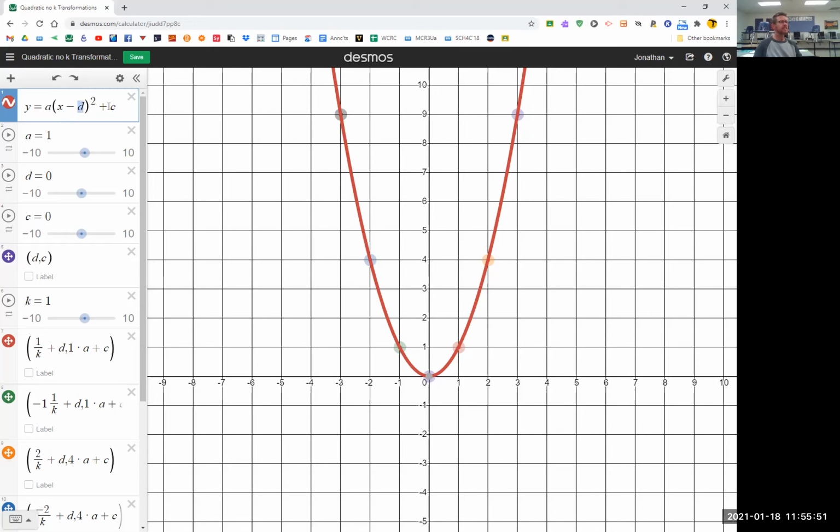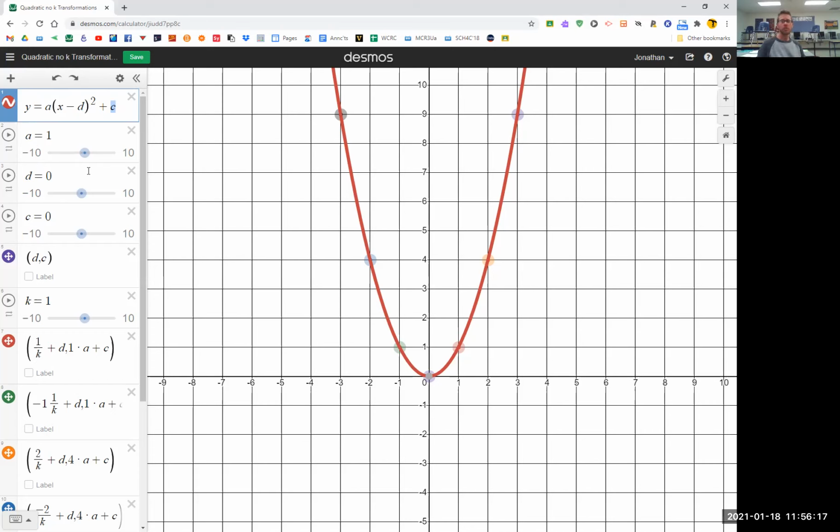And you recall that D and C related very closely, of course, to the vertex, where the vertex of the quadratic function was. All right, so now you'll notice as well that right now on Desmos, I have A and D and C set to 1, 0, and 0. And if you plug in 1 here, 0 there, 0 there, you realize, okay, that works out just to y equals x squared, which is technically in vertex form. It's technically in all the forms.